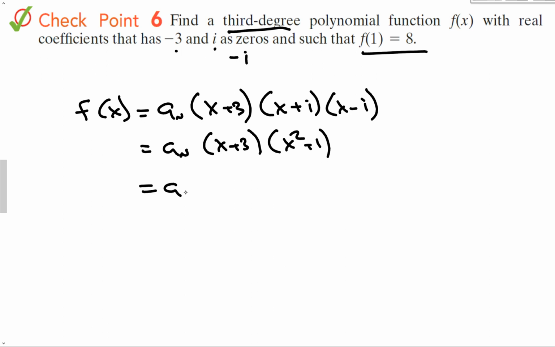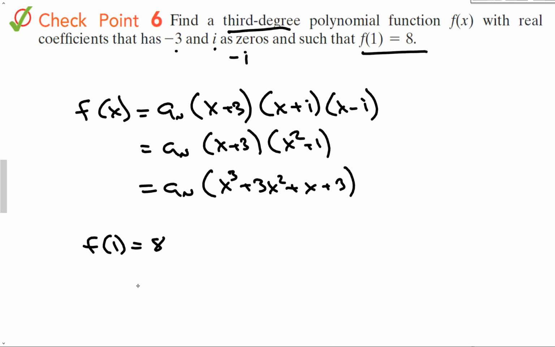FOIL this out, and we get x to the 3rd, x times x squared. Let's just put it in standard form right off the bat so I don't have to rearrange anything. So that's x cubed plus 3x squared plus x plus 3. There's my polynomial function, but I'm missing that lead term. Luckily, I know that f of 1 is equal to 8.